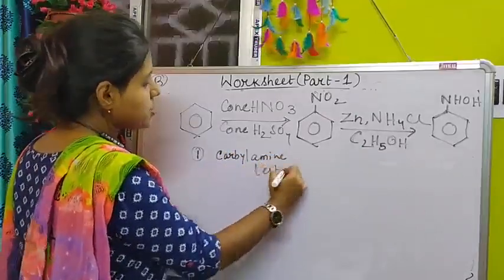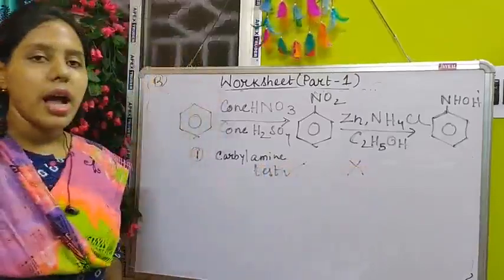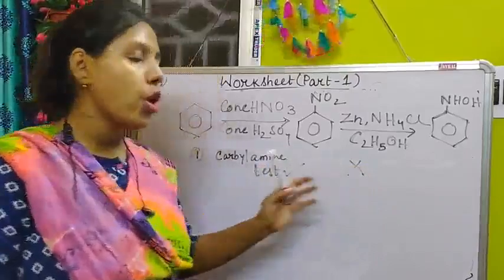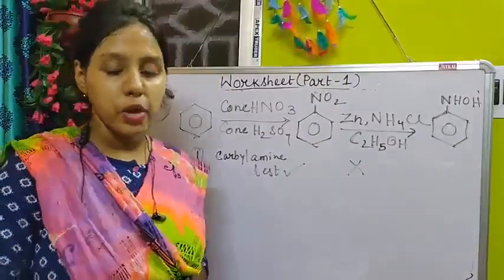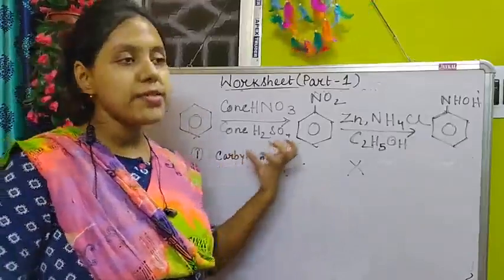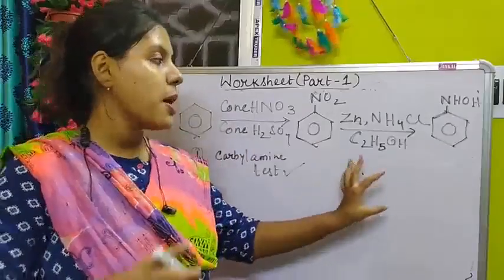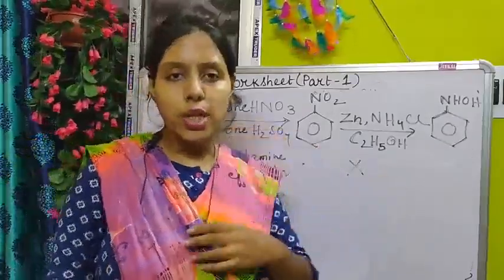Okay, carbylamine test positive for methyl cyanide but negative for isocyanide. But you have to show the reaction for them, obviously. Just like methyl cyanide, CH3NH2 gives the carbylamine test, then show the reaction, what is the product.